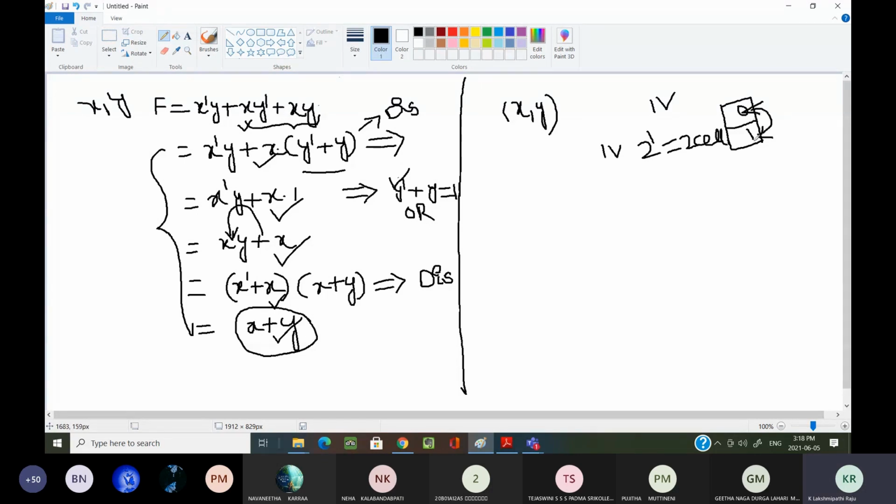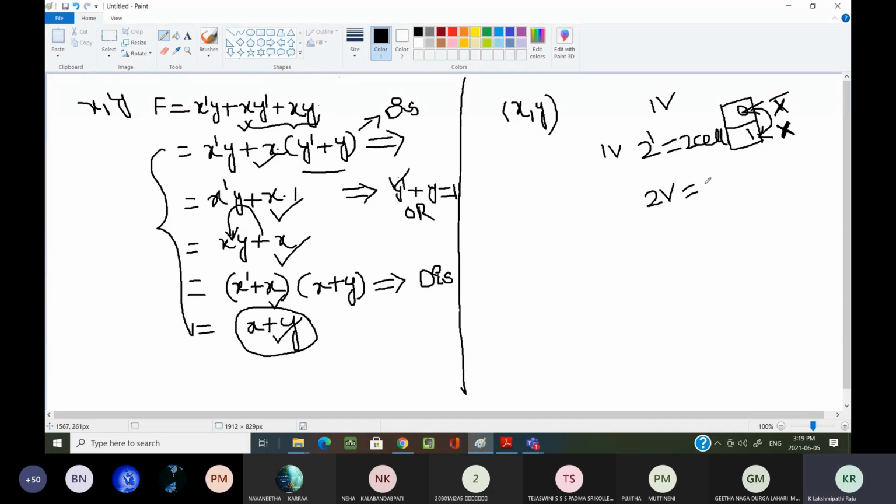Here I have written 0 and 1. That means it is a normal variable. If you consider x, the complement variable is x dash. 0 means you should consider it as a complement, and 1 means you should consider it as a normal variable: x and x dash.